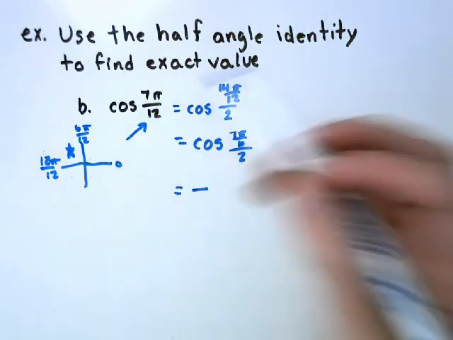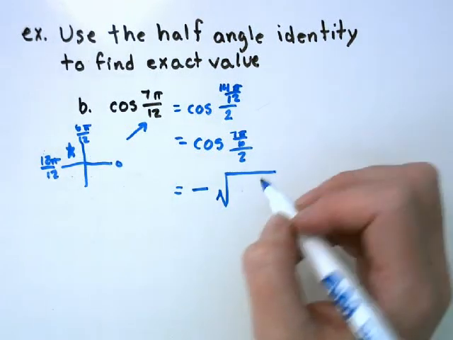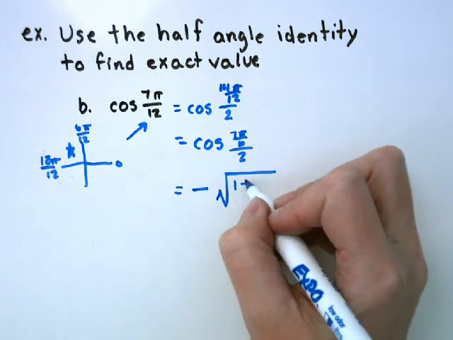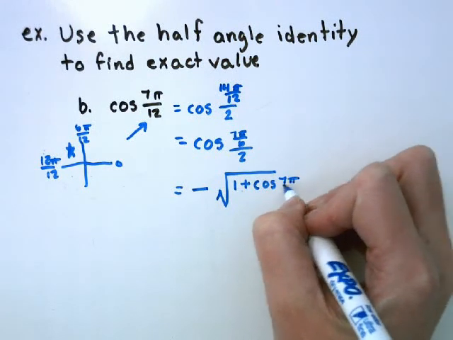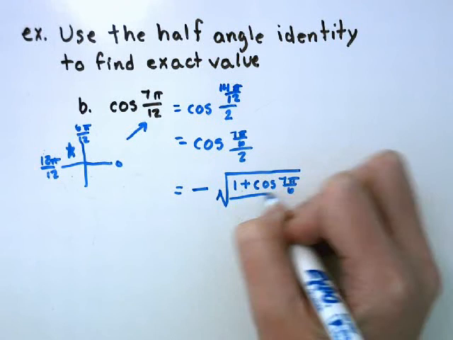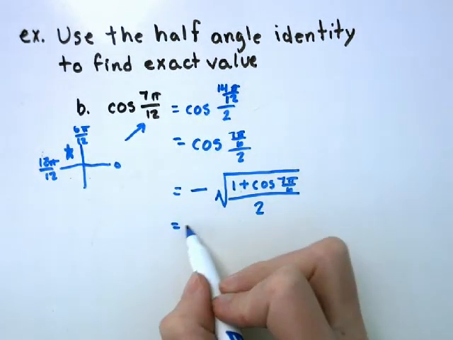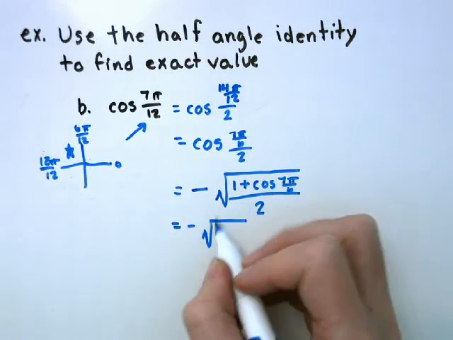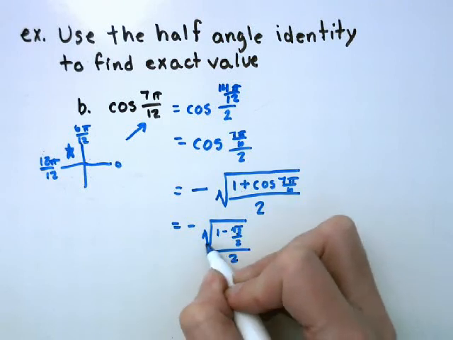We're physically looking at this angle. So it's going to be a negative square root of 1 plus the cosine of 7 pi over 6 over 2. So that's going to be negative 1 minus root 3 over 2 over 2.